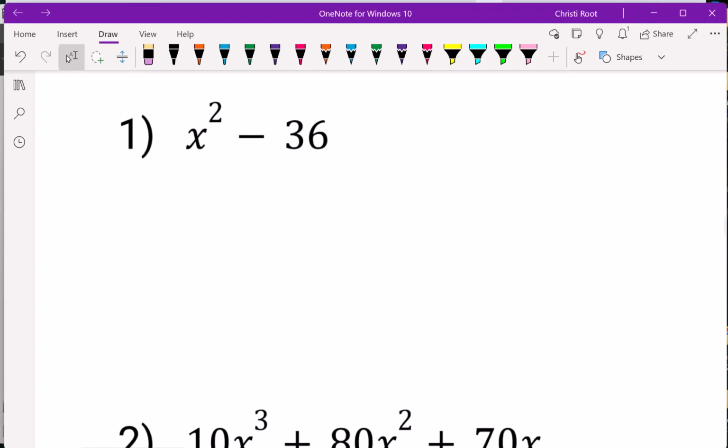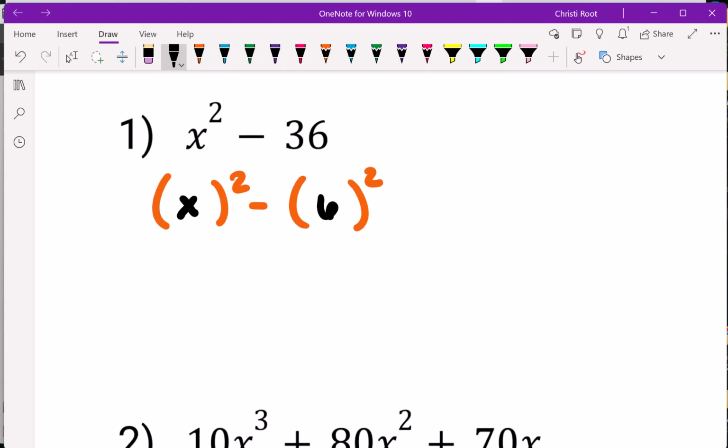For example, number 1, this is a difference of squares. I recognize it as a difference of squares, so I'm going to go ahead and write them as squares, which is really important, okay? So if this is x and this is 6, that straight up tells me that my two factors are going to be plus 6 and minus 6, okay?